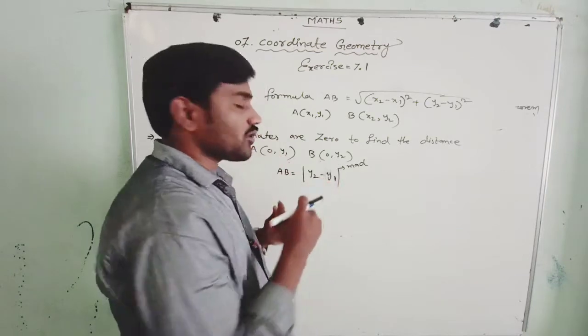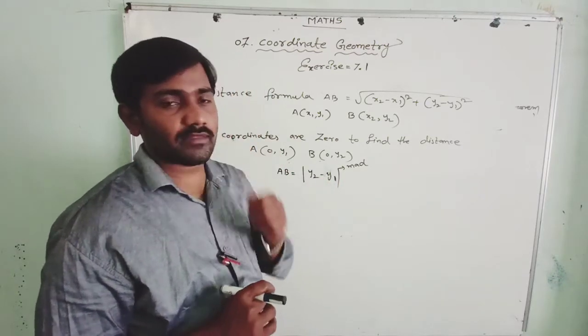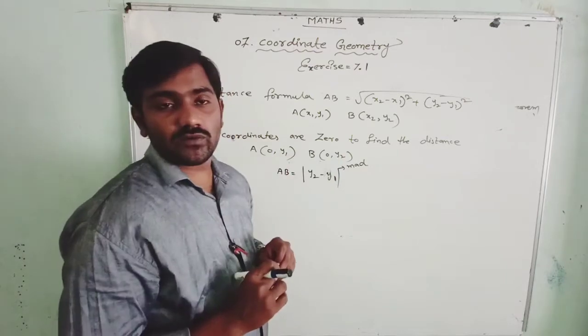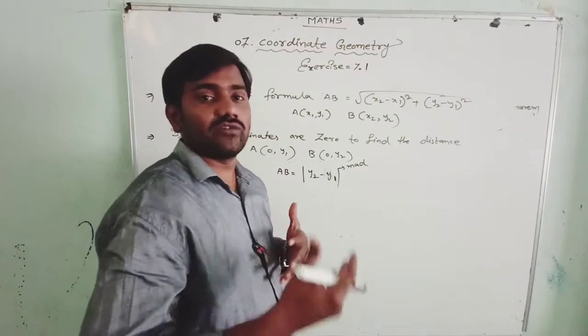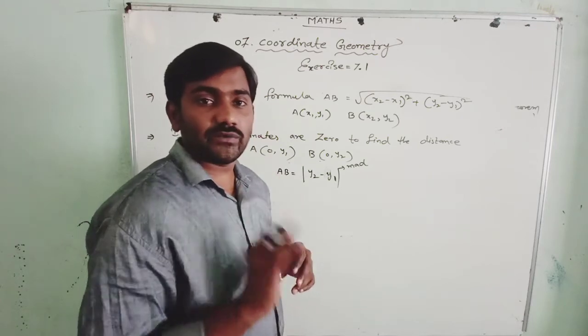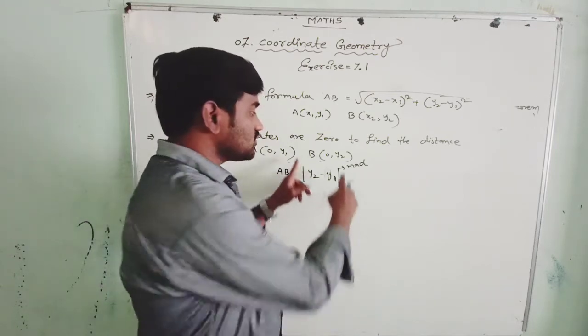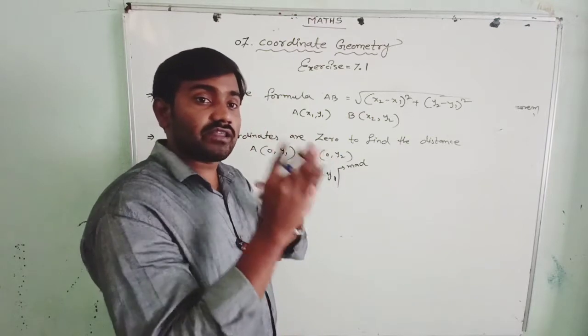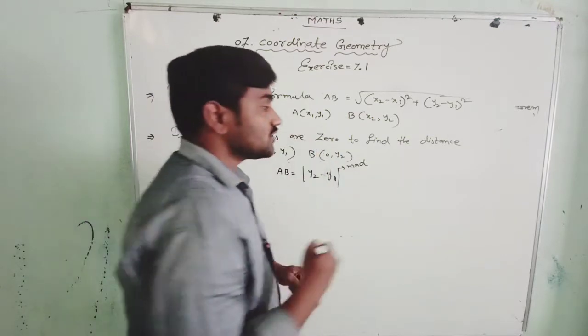Sometimes while solving problems, where the y2 value is smaller than the y1 value, we may get a negative value, but the distance is not calculated as negative. So to avoid that, we use this mod, and the value under the mod always becomes positive.